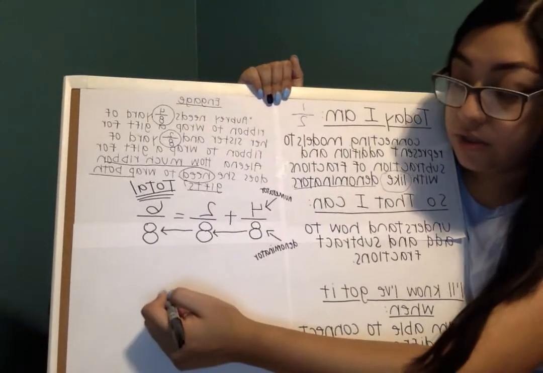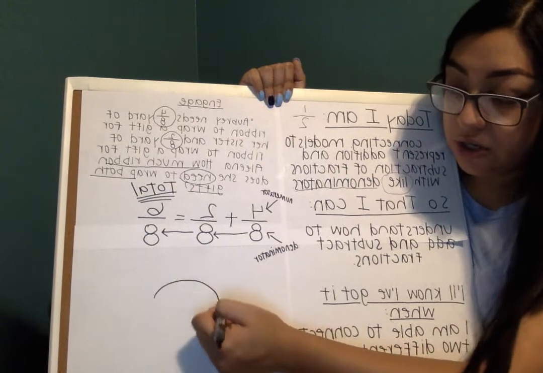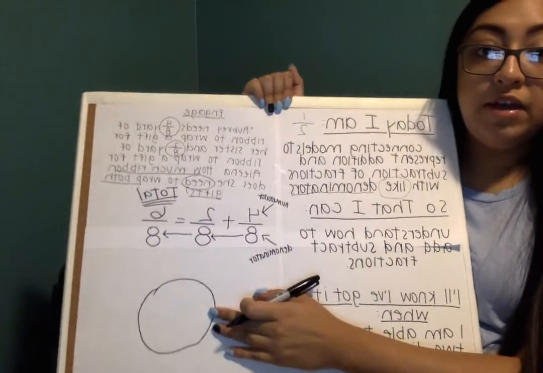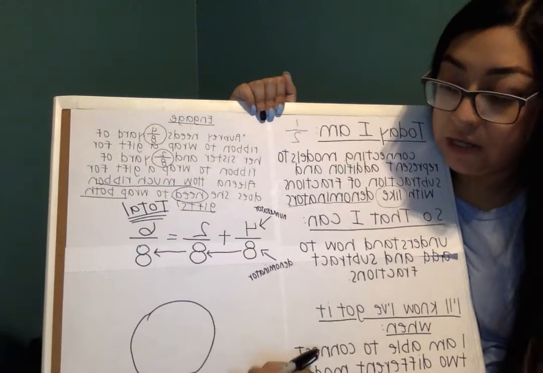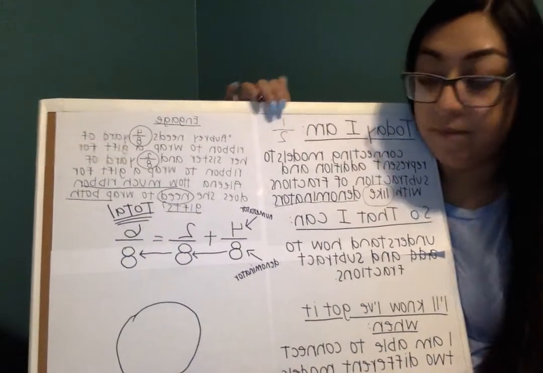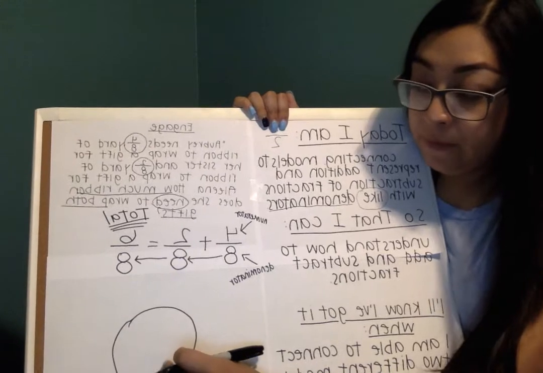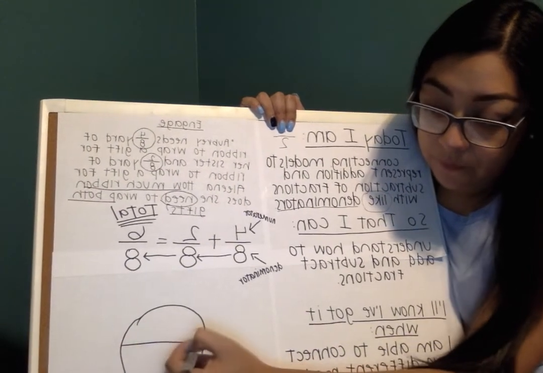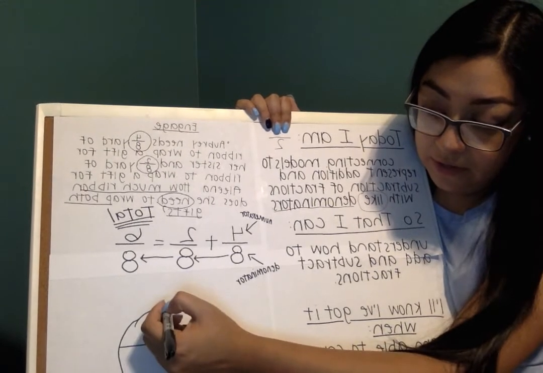When we draw our pizza, I'm just going to draw it. All right, so you have a lot better looking circle with your manipulative. But when we have our pizza, it's cut into 6 equal spots, right?